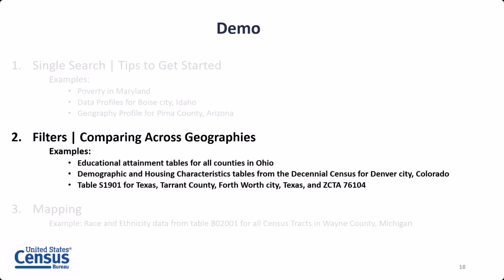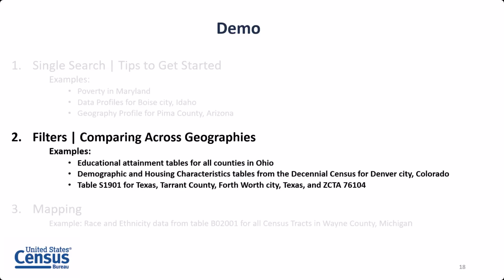So with that, I'm going to show 3 examples from the advanced search as well. So we'll do an educational attainment search for all counties in Ohio. Then I'm going to show you how to search for a particular product from the decennial census, which is the demographic and housing characteristics file for Denver, Colorado.